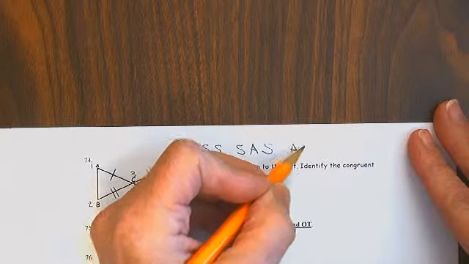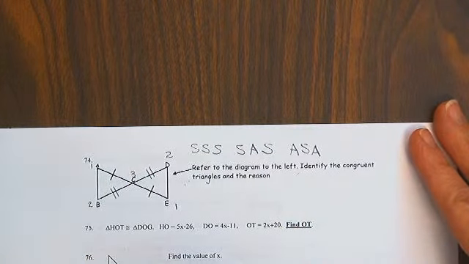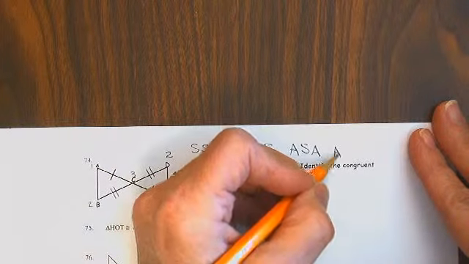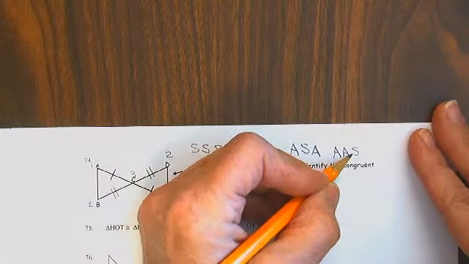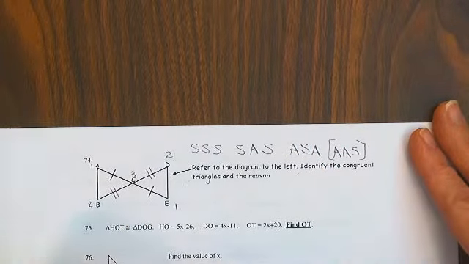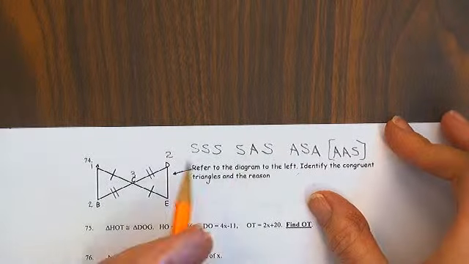We have angle, side, angle. And we have angle, angle, side. This one always makes me just a bit nervous. And then we have a thing with a hypotenuse, but hey, that's just a variation.